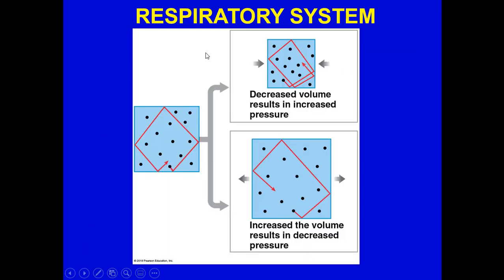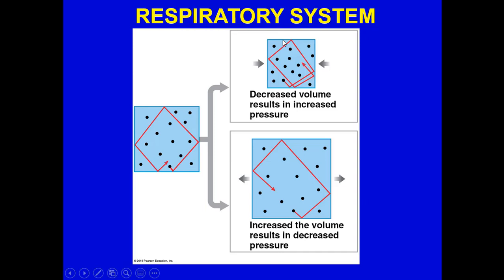Now, here is a representation to give you the idea about Boyle's law. If I have here a set of conditions, no change in temperature, here are my walls, the collisions of the gas molecules against the walls are demonstrated as pressure. The total volume here is the volume I would have for my experiment. Now, if I decrease the volume, that's going to increase the pressure.